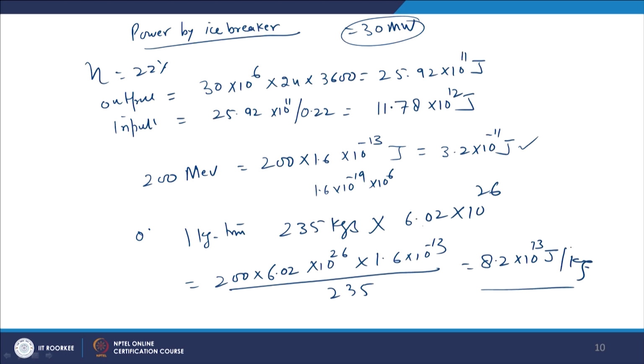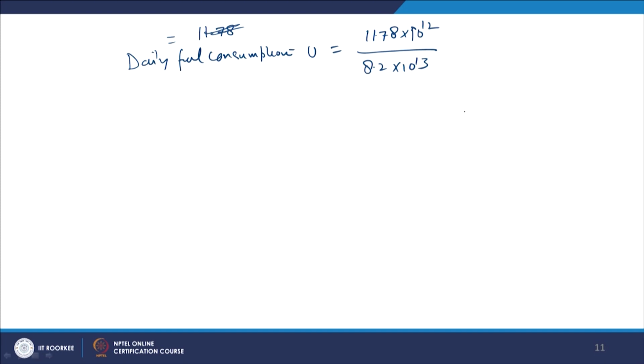Because this 8.2 10 to the power 13 is the energy released per kg of uranium, and this is the total amount of energy which is required. So, total amount divided by the energy released per kg, and it is going to be equal to 0.1436 kg, 143 grams, 143.6 grams.